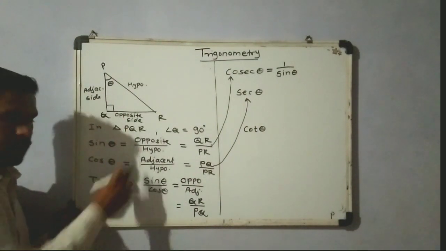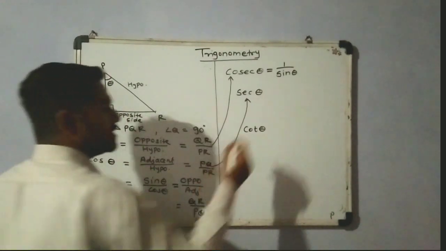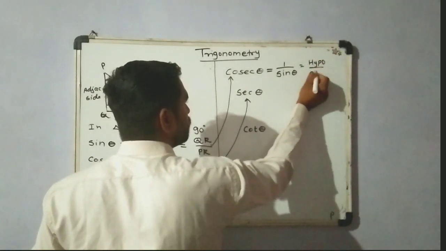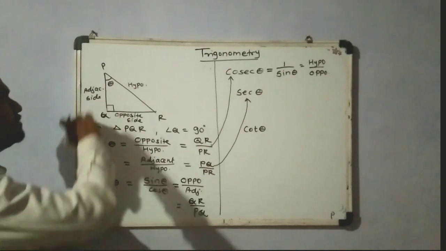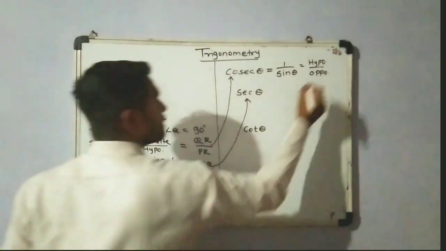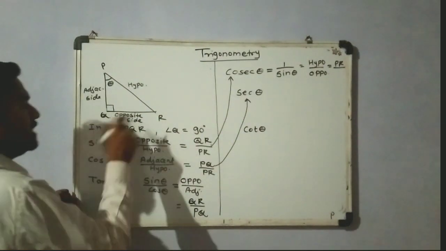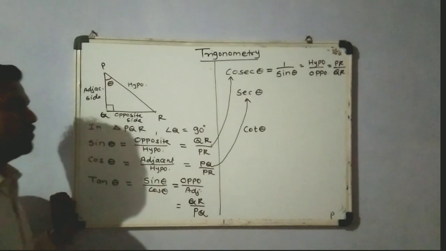Sine theta is opposite upon hypotenuse, so its reciprocal is hypotenuse upon opposite. According to the figure, which one is the hypotenuse? It is PR, divided by the opposite side, QR. So it becomes PR divided by QR.